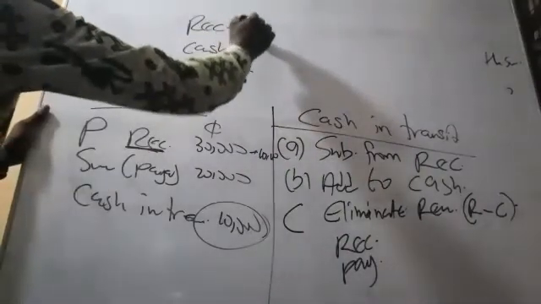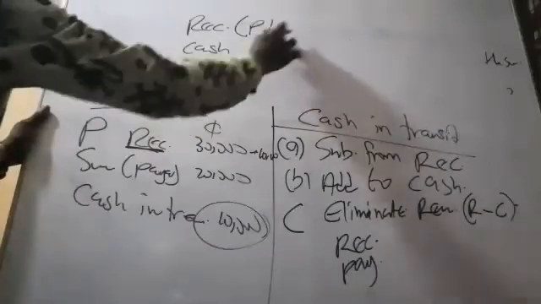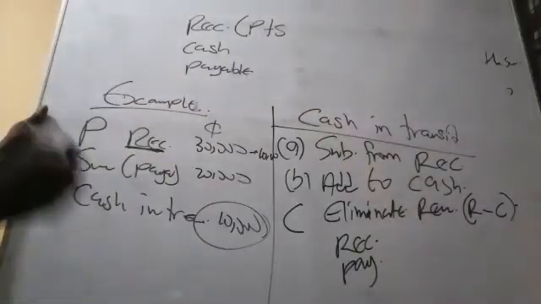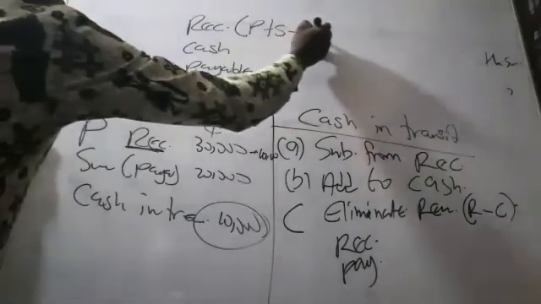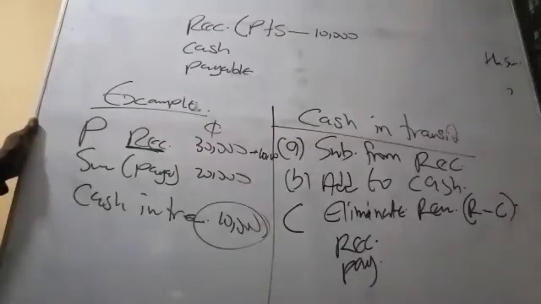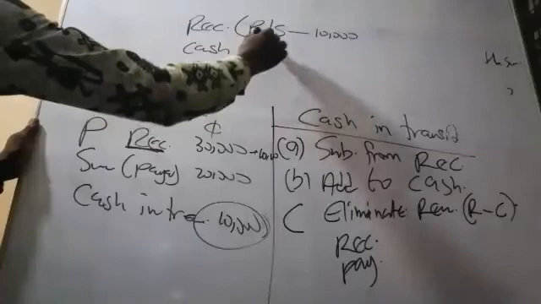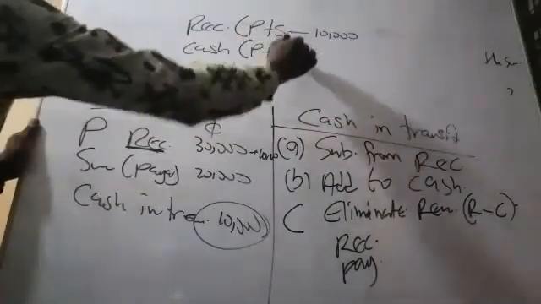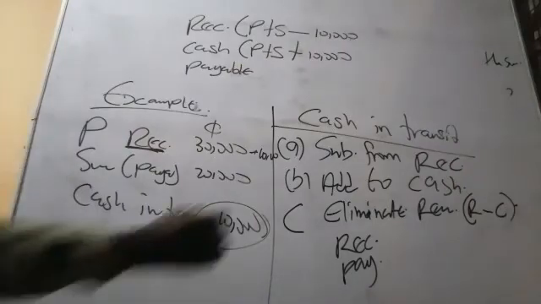Open your bracket: parent owned plus subsidiary owned, less the cash in transit from the receivable, that is 10,000. Second, add it to the cash: parent cash plus subsidiary cash plus the 10,000. That's the first thing you have to do.